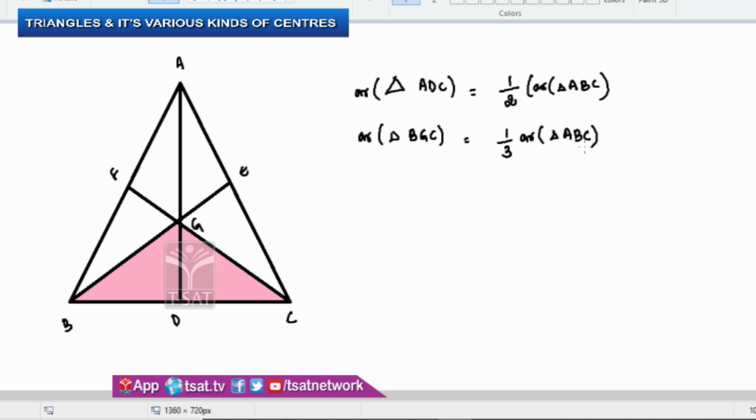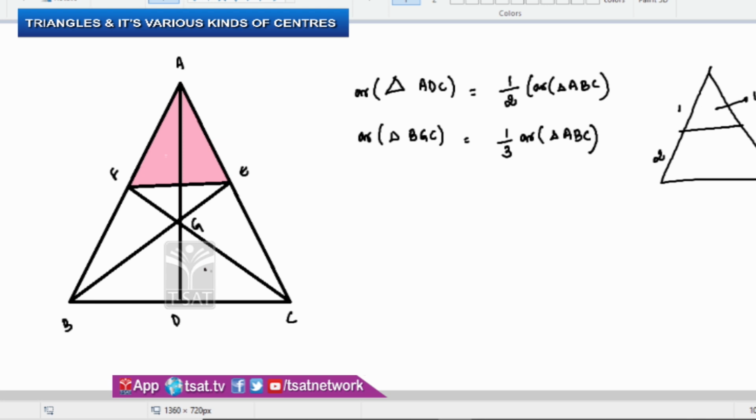Now, take the triangle AFE. Here E and F are midpoints. According to the midpoint theorem, the line joining two midpoints is half of the third side. Therefore, the sides ratio is 1:2. Since they become similar triangles, if the sides ratio is 1:2, then the areas ratio will be 1:4. If it is 1, the entire triangle becomes 4.